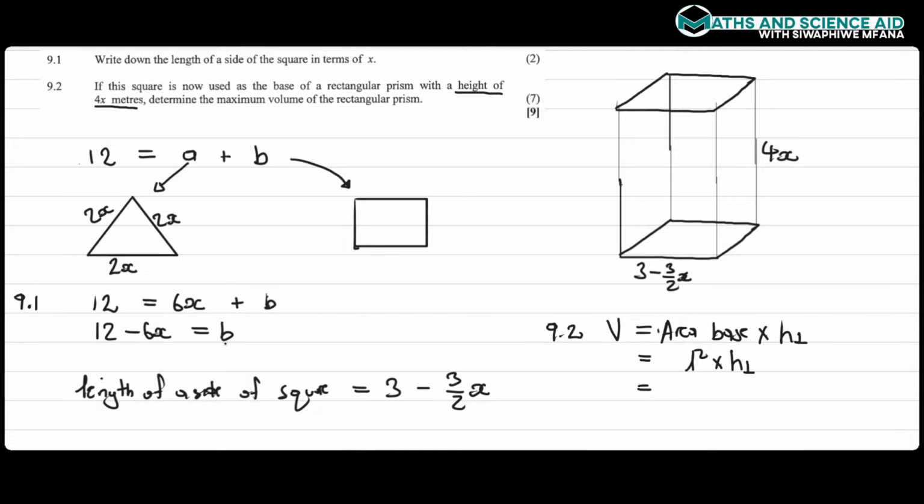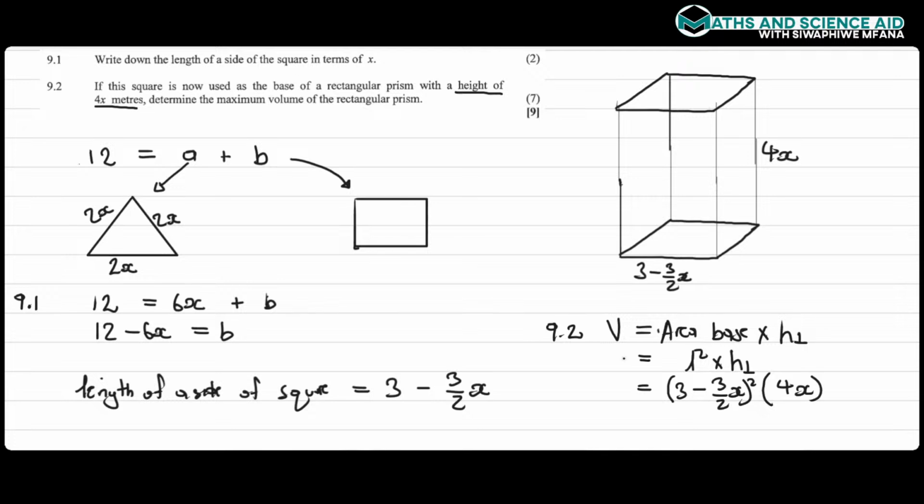So as long as we are correct with our 9.1, we're gonna be good here, because now we see that our L squared will be 3 minus 3 over 2x all squared, and then multiplied by the perpendicular height, which is 4x.